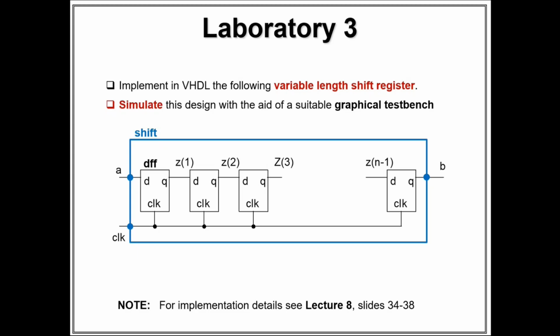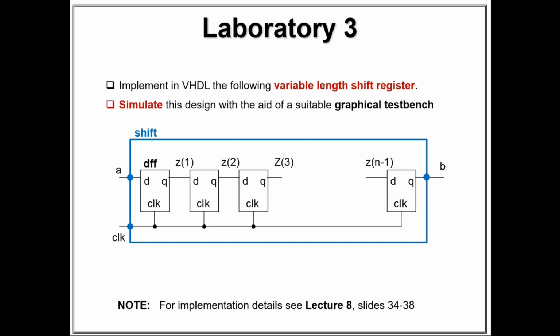This was an example of a structural design where we had a component called DFF, which you see here. And that is a standard D-type flip-flop, which essentially, when the rising edge of the clock arrives, just says Q equal D. So it's the simplest type of D-type flip-flop, which we've already seen before.